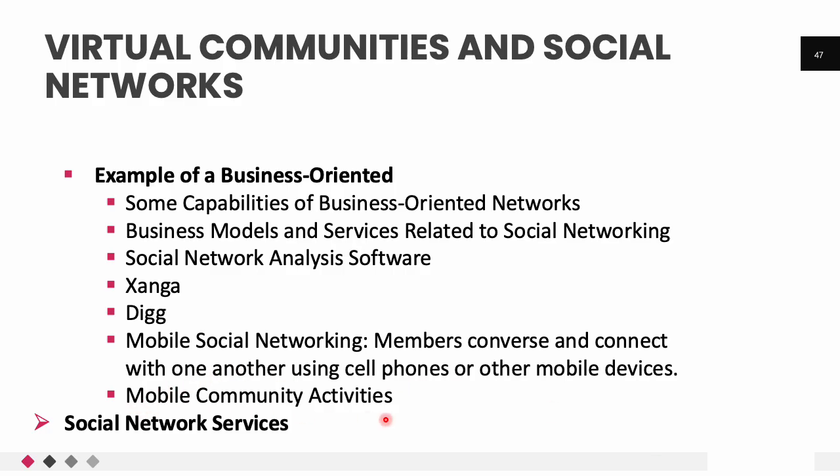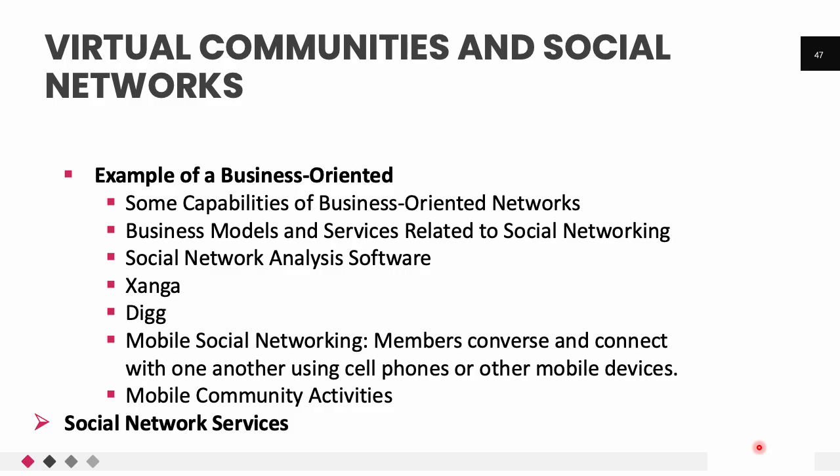All right, next one, the mobile community activities. This refers to the specific things people do on social networks because they are on mobile devices. Okay, like location-based check-ins, instant photo or video sharing, quick messages, push notifications, yeah.